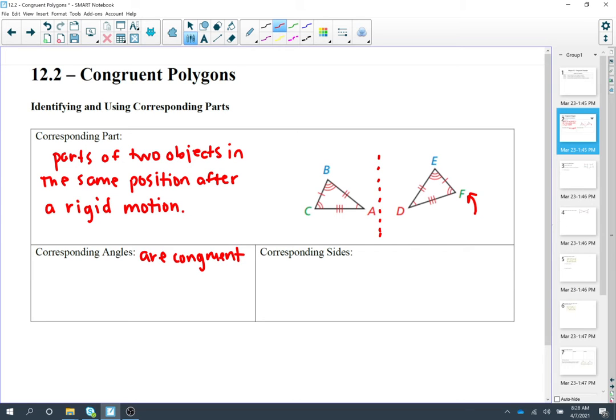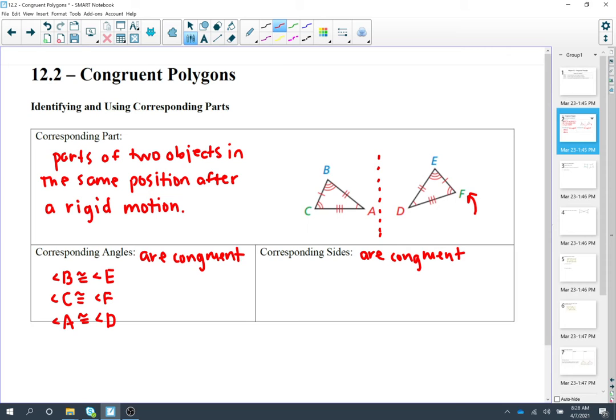So looking at my picture, I could say that angle B is congruent to angle E. I could also say that angle C is congruent to angle F, and that angle A is congruent to angle D. Then we also have corresponding sides, and corresponding sides are also congruent, meaning they're the same length, because these triangles are the same figure except one has been moved to a different location.